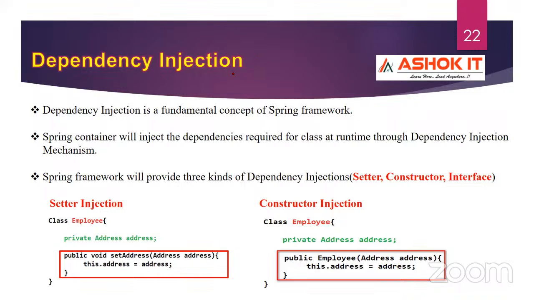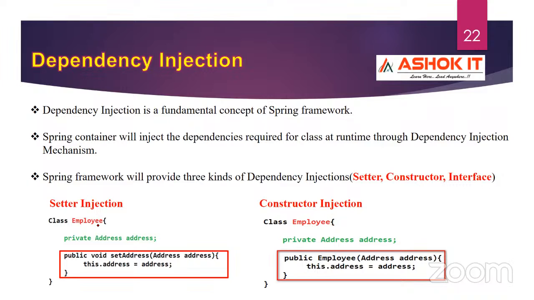So for example, guys, if you see here, the employee class requires what object? The address object. So to inject the address object into the employee object, we will hand over these two classes to the Spring container.